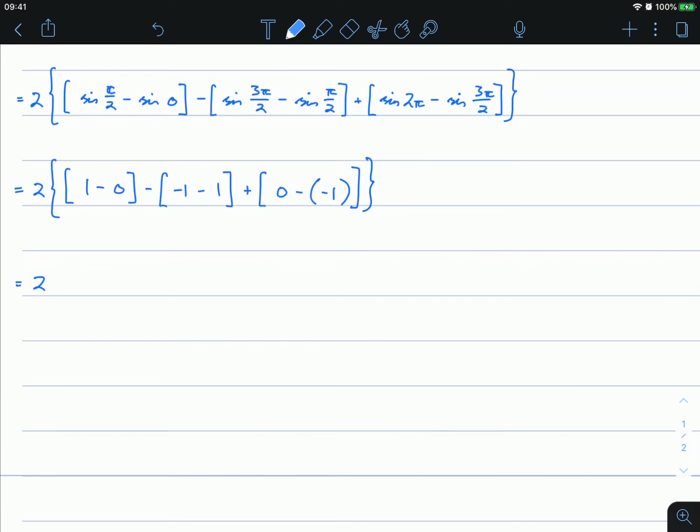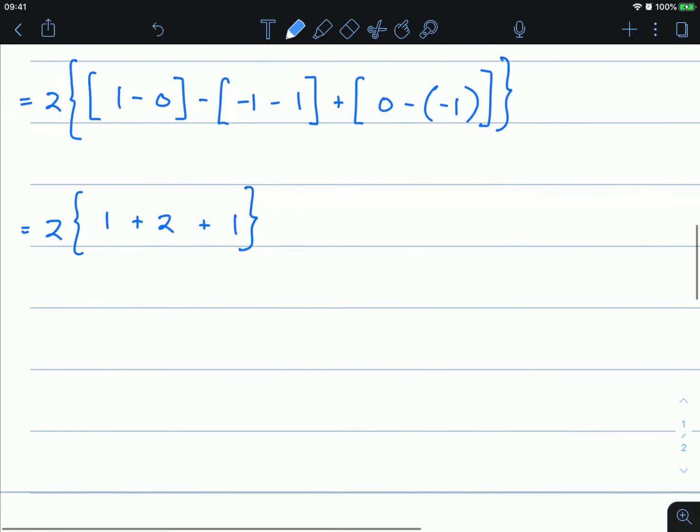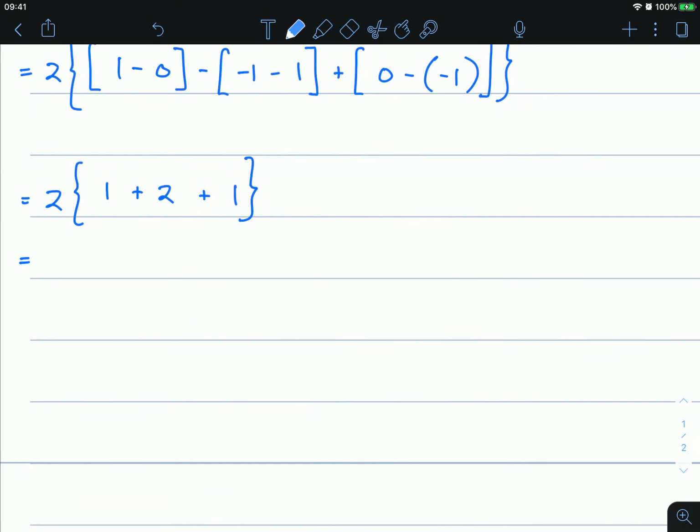Evaluating all of this, 1 take away 0 is 1, minus, this is negative 2 times negative 1, so that's plus 2, plus 0, minus minus 1 is 1. Putting all of this together, this becomes 3 plus 4, 3 plus 4 times 2, that's 8 units.